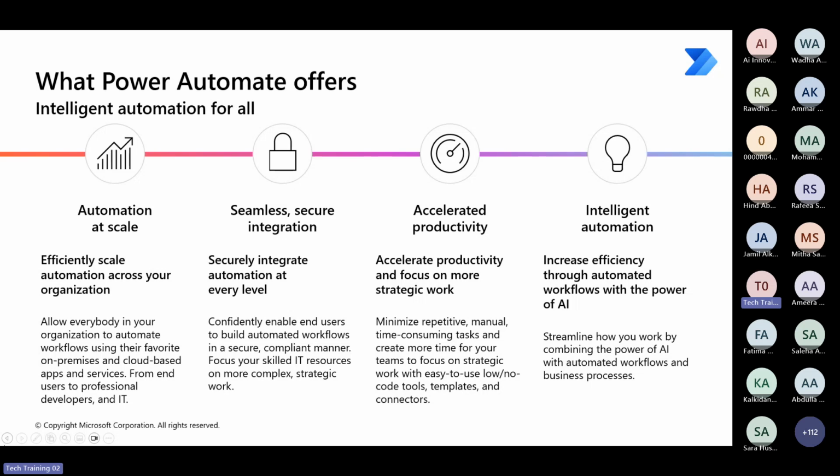The purpose of Power Automate is that the end user can use it, and in our situation, to build our application, so I can securely integrate automation at every level: database level, application level, web level, and the interface level also.